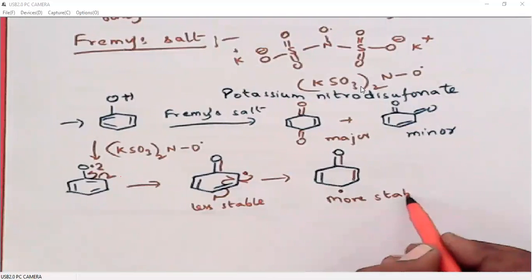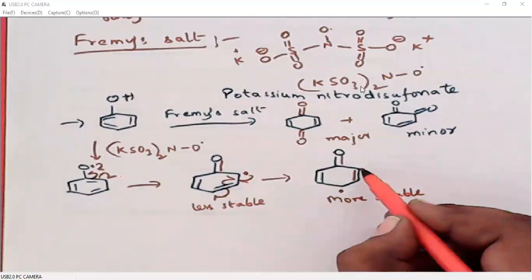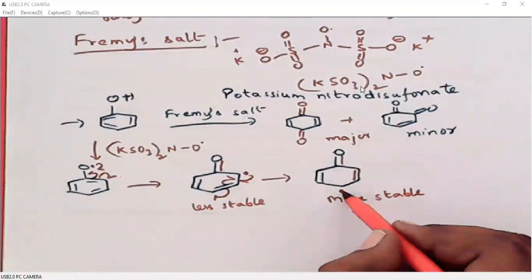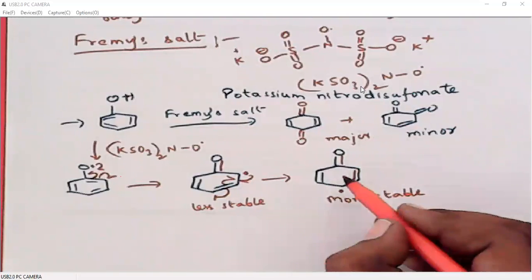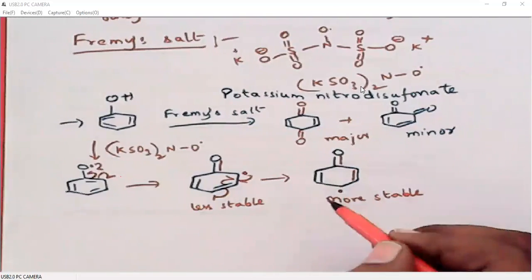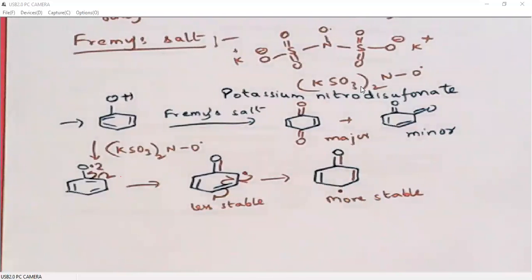Why? Because here oxygen will polarize the electrons towards oxygen, and the radical will polarize the electrons towards the radical. So both groups are attracting the electrons in opposite directions, and the generated dipole will be very small.